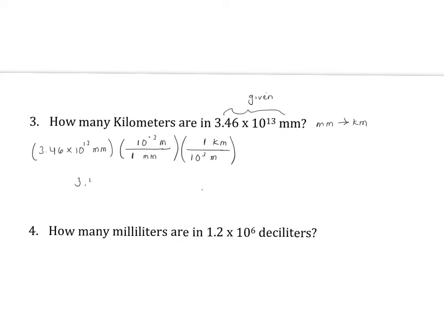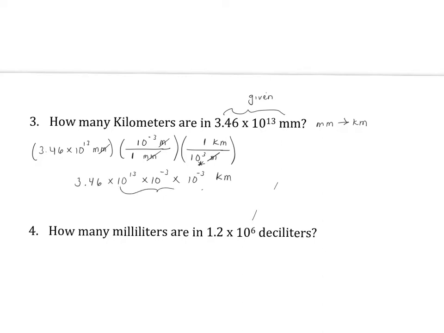We would have 3.46 times 10 to the 13th times 10 to the negative 3 times 10 to the negative 3. Right? If we raise this 10 to the 3 to the numerator, it becomes 10 to the negative 3. Meters cancels out, millimeters will cancel out, and our units in the end would be kilometers.